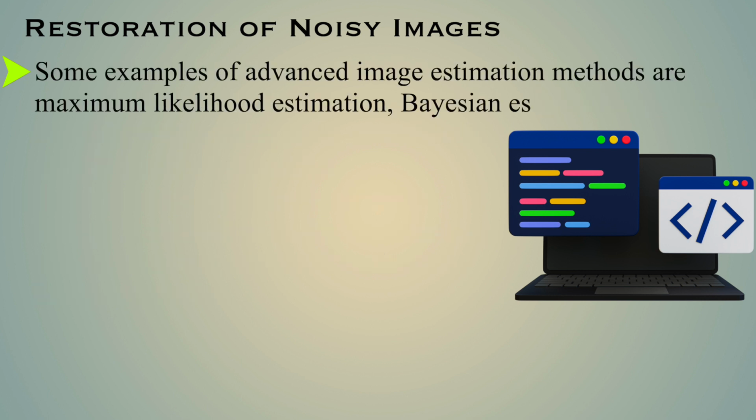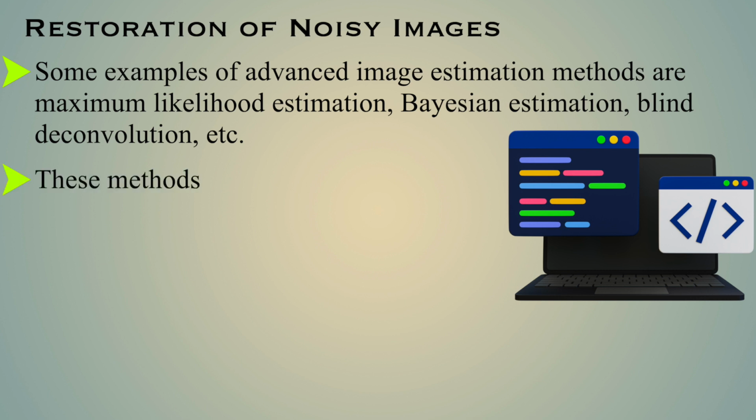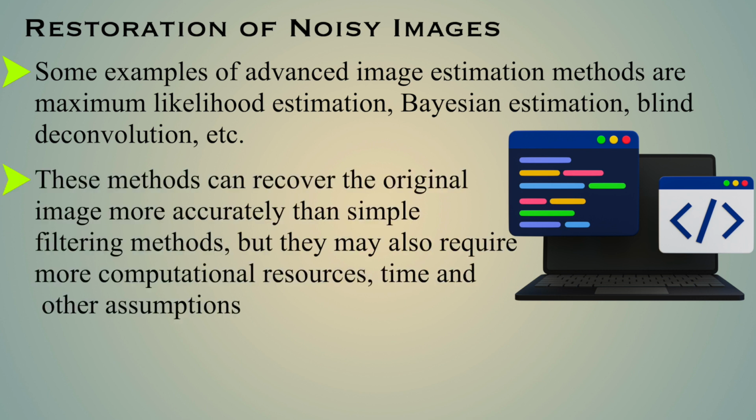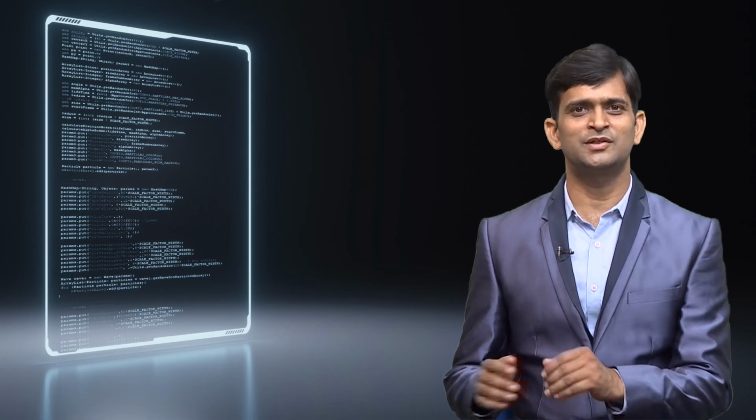Some examples of advanced image restoration methods are maximum likelihood method, Bayesian estimation method, blind deconvolution method, etc. These methods can recover the original image more accurately than simple filtering methods, but they may also require more computational resources, time and other special assumptions. Now let us go to Python.